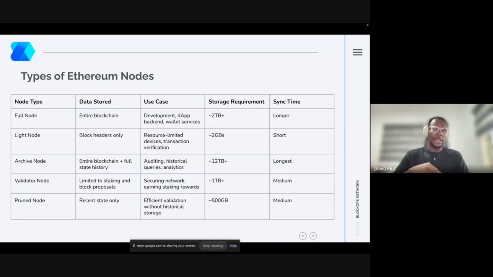So the full node is storing the entire blockchain, right? But why it's called a full node is because, compared to the archive node, it's not storing from the genesis, the entire data.